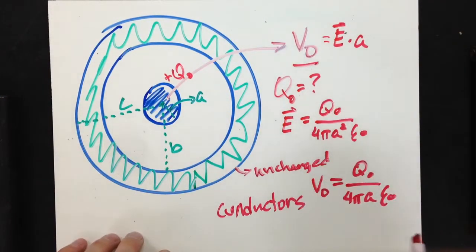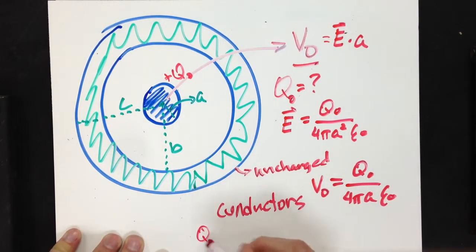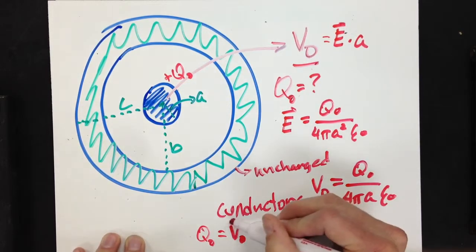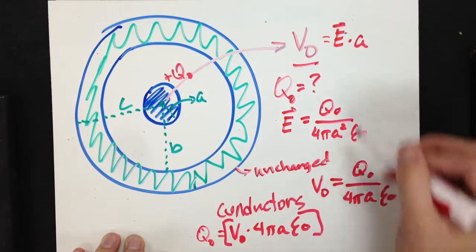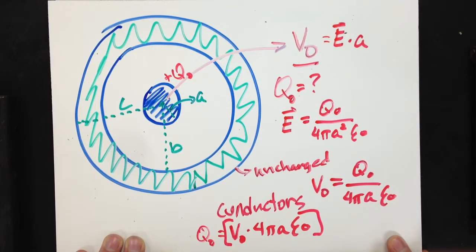Once you know what Q naught is, think about it like this. Q naught would be equal to V naught times 4 pi A epsilon naught. What if you substituted that in here?